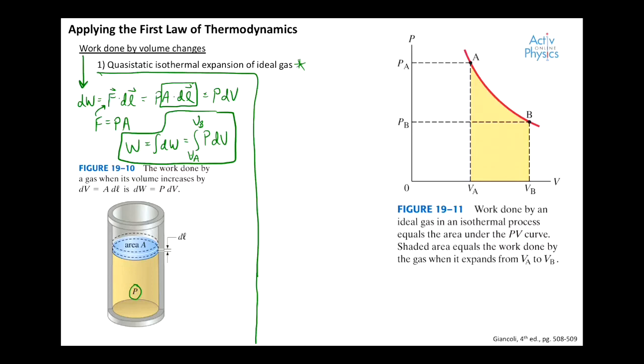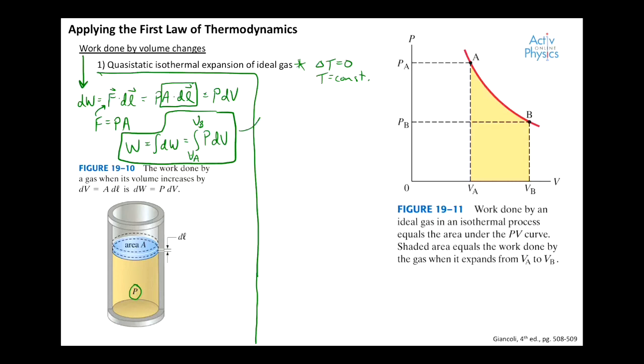So, a quasi-static isothermal expansion of an ideal gas. Let's see how much work is involved as the gas expands. When it expands, it's going to move the piston, and it's going to do work on the piston. So, a couple of different things. First of all, we can say that if it's isothermal, there's going to be no change in temperature. Or we could say that T is a constant.